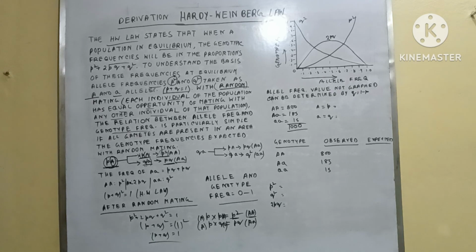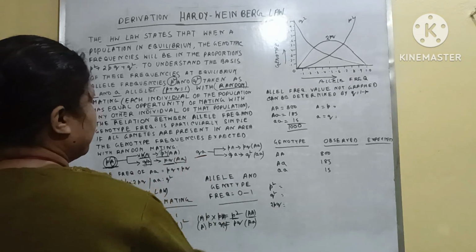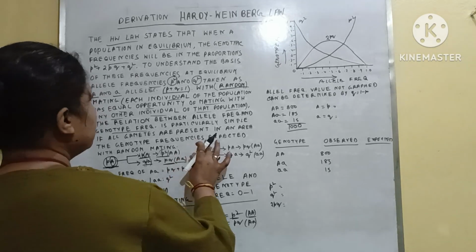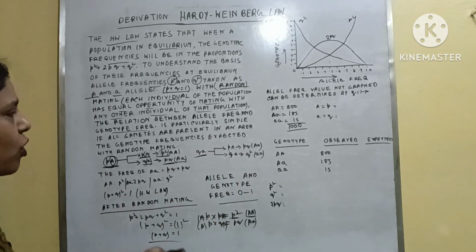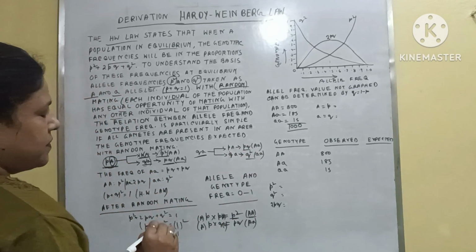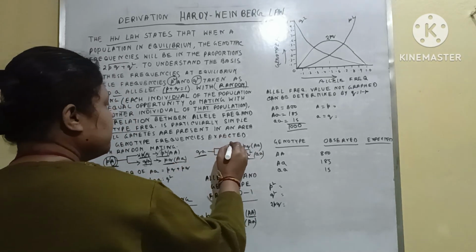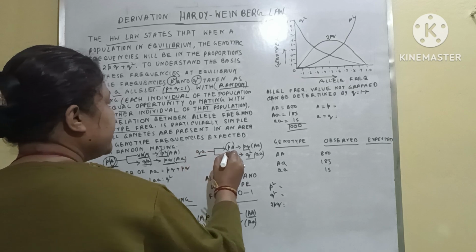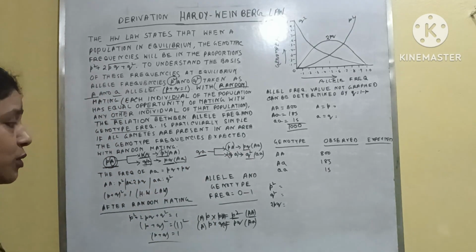Now if Q, A is there, the individuals may be formed PQ, Q square. That means they can breed with PA or can breed with QA. How is this possible?